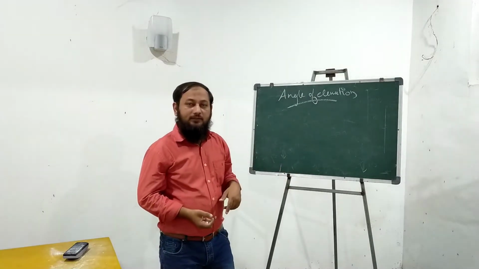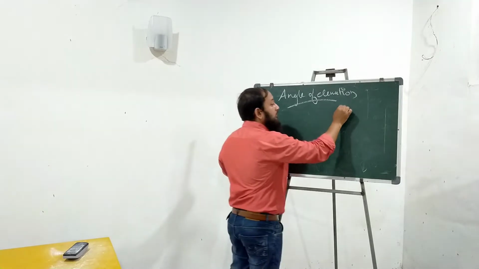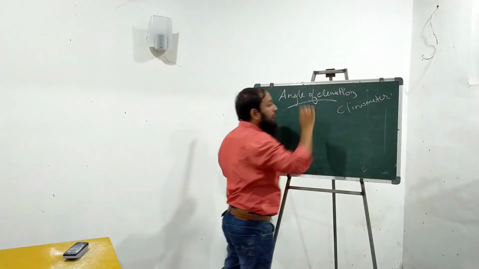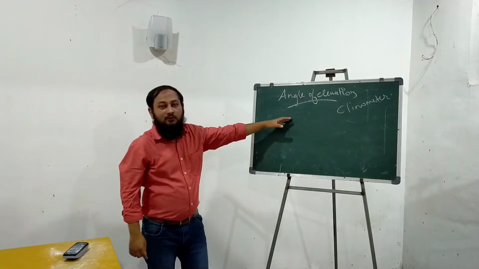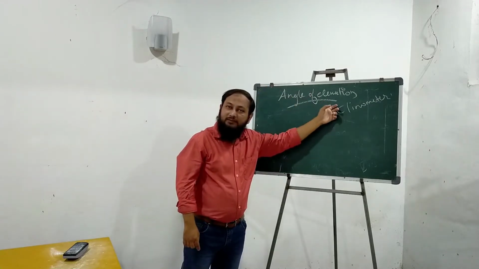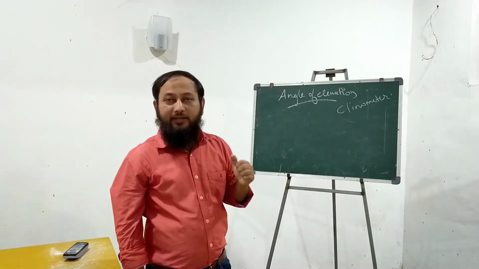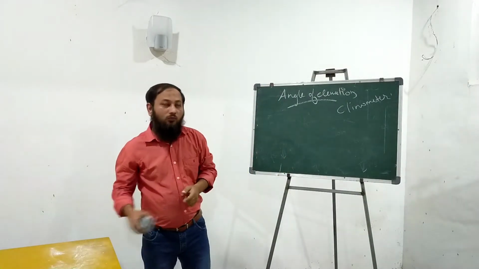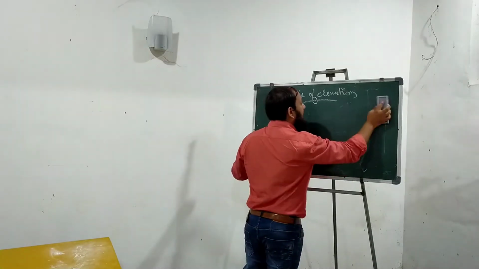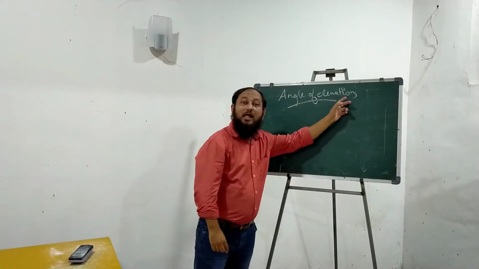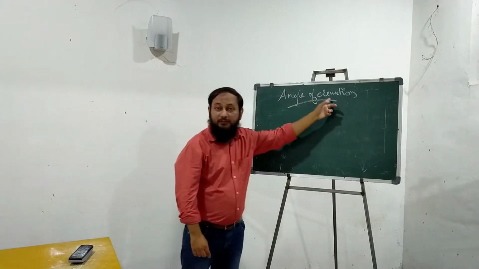That instrument is called a clinometer. By using a clinometer and the concept of angle of elevation, we can measure the height of a huge building very easily. Now we are going to see how we can measure the height of a huge building and what angle of elevation is.